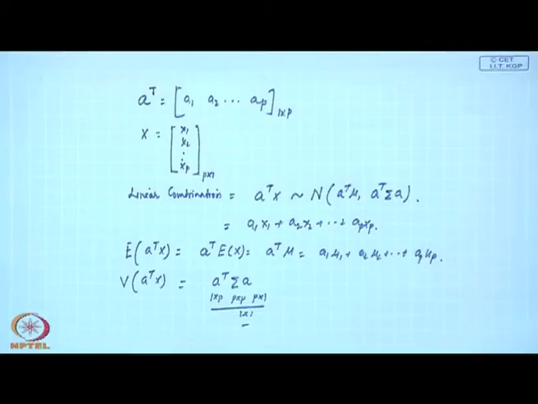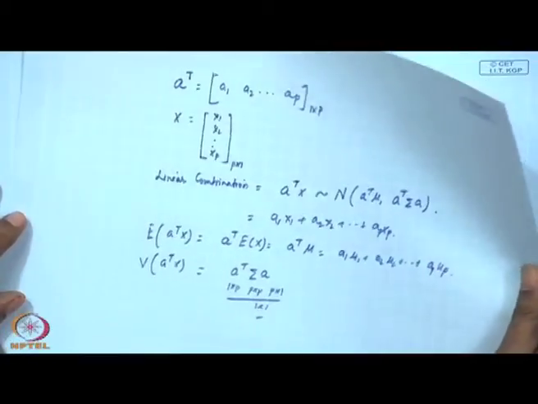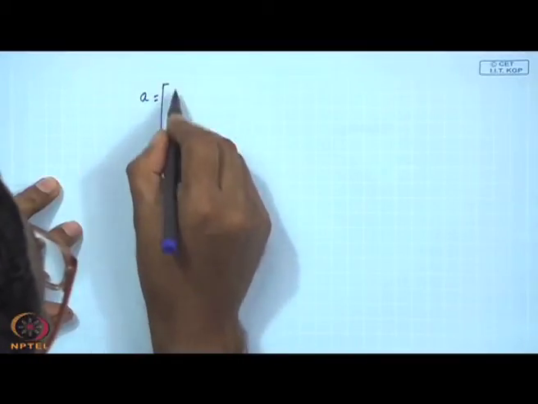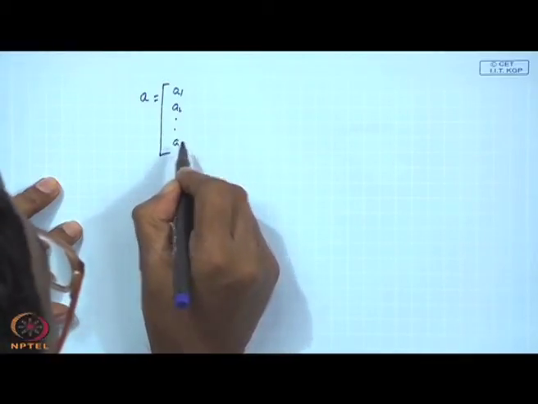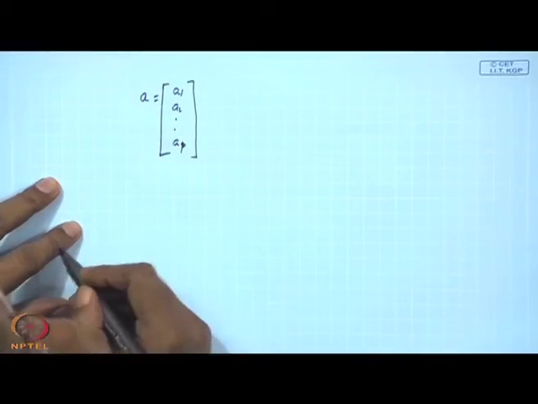Okay. Now, the fourth property says that instead of one linear combination, you make two or more linear combinations. In one linear combination we have taken a1, a2, ap; these are the weights.